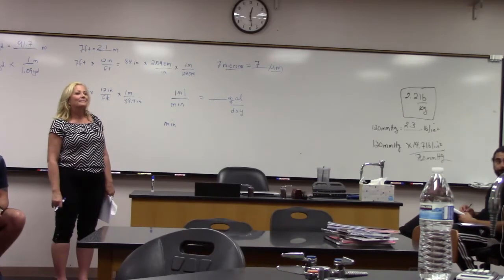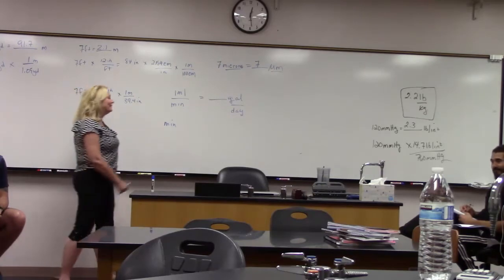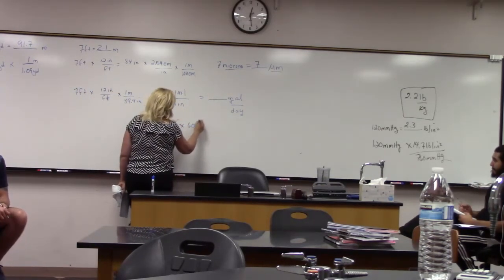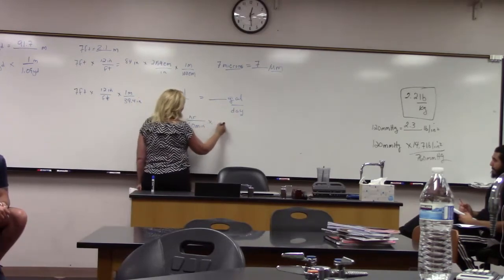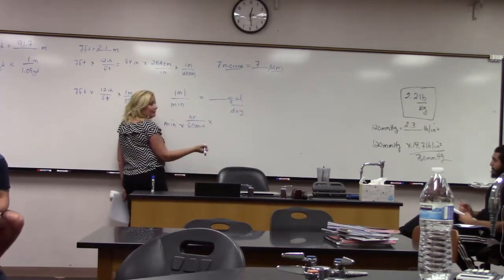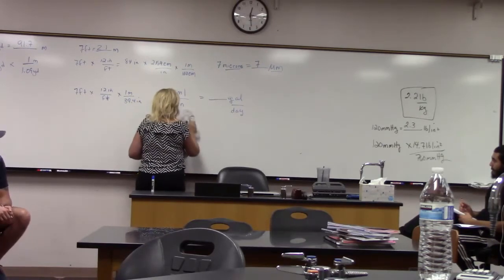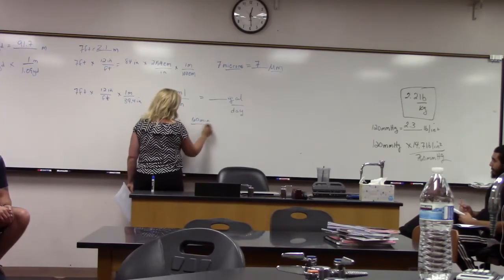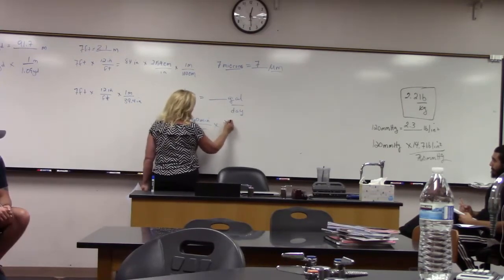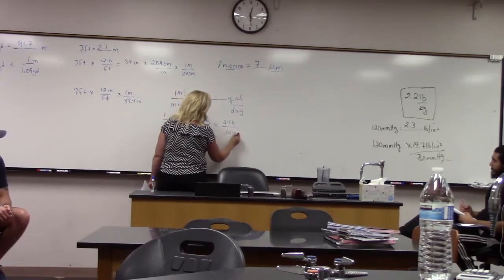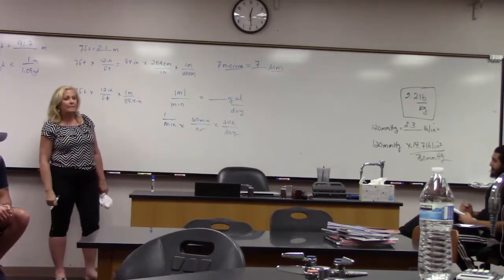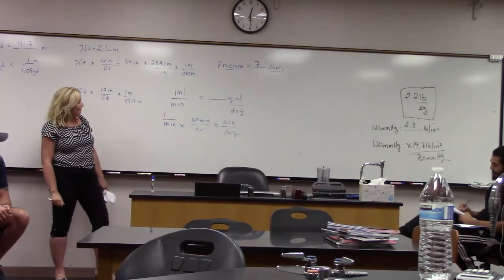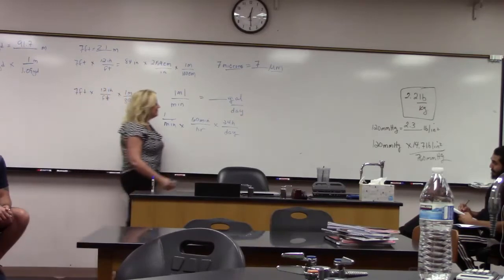Well, I found out how many minutes were in a day. Oh, yeah? Okay, so how many? So 60 minutes in an hour times 24 hours. That's 1,440.